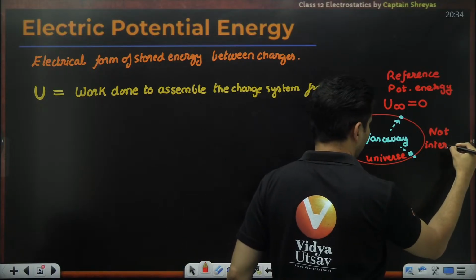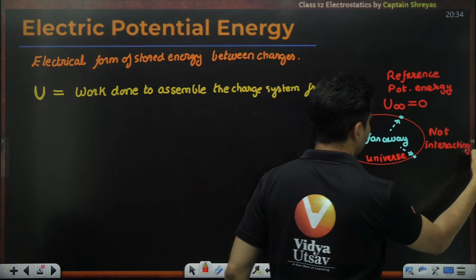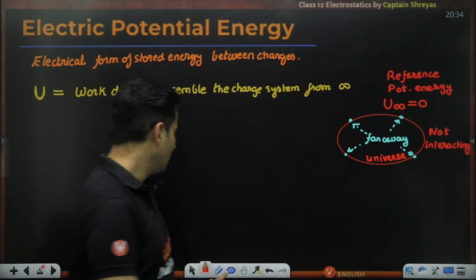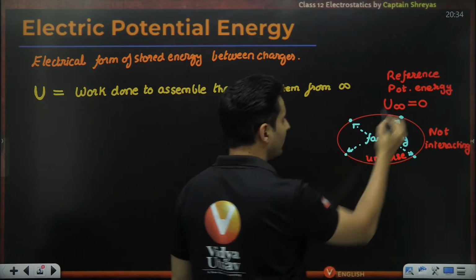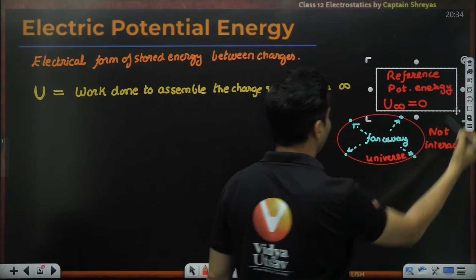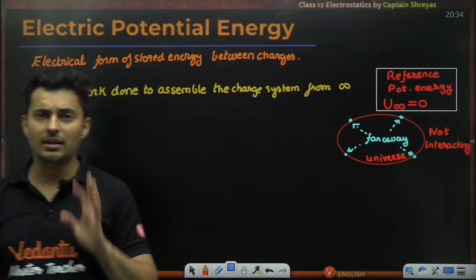That is why we have assumed the potential energy to be 0. So this is an important thing to be remembered: reference energy at infinity is taken as 0.